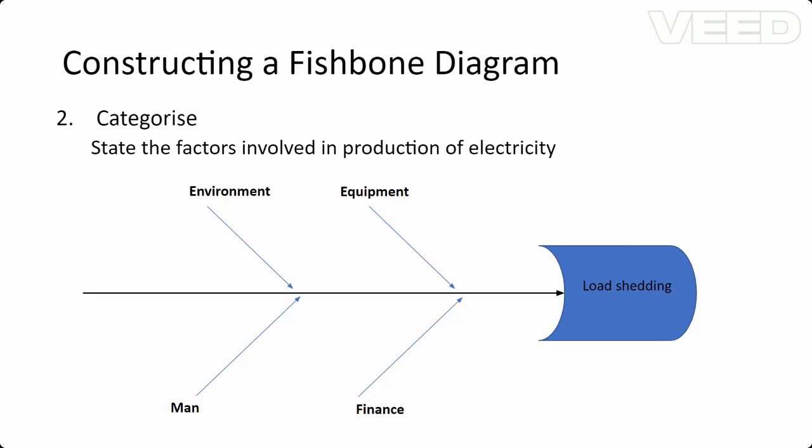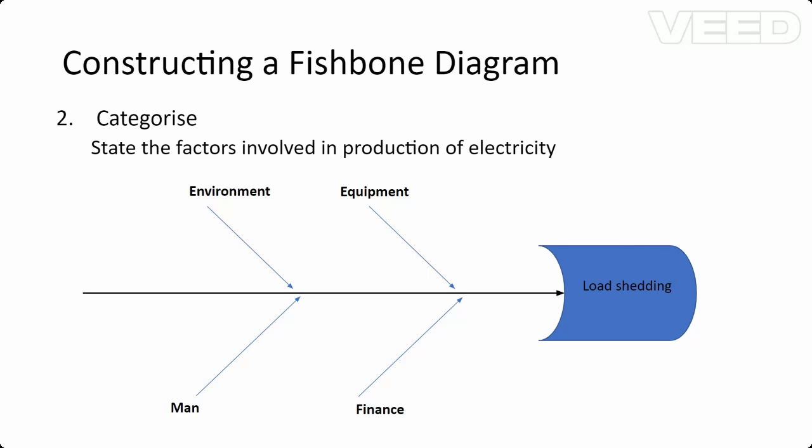Maybe the medical doctors, the beds, the equipment, the labs. That's what will appear on your diagram. If you have a problem, maybe staff complaining about so much queuing in your hospital, there will be many factors depending on your environment.